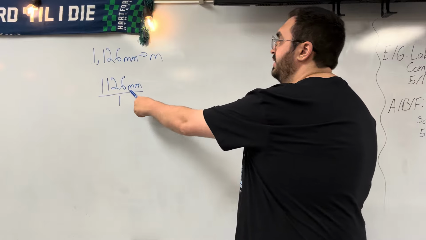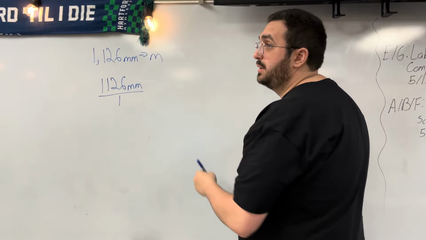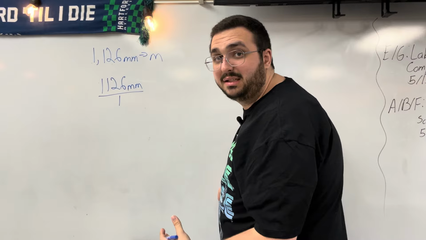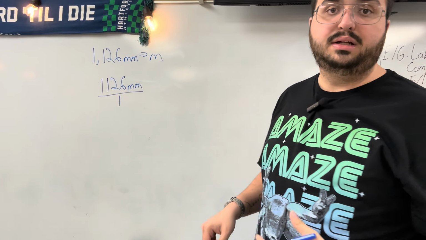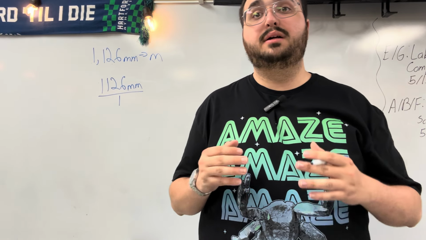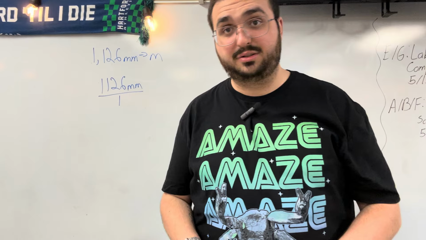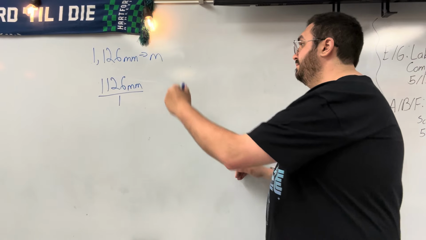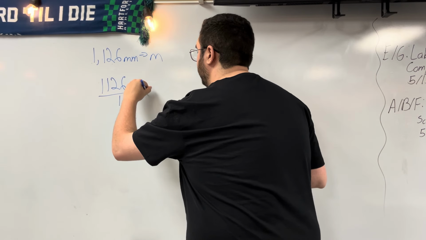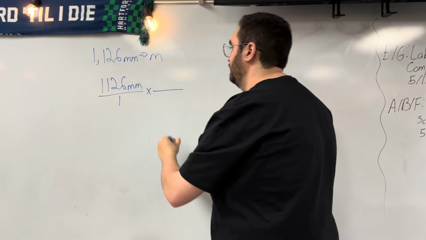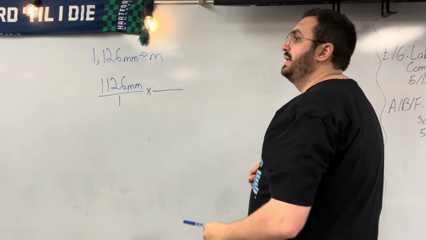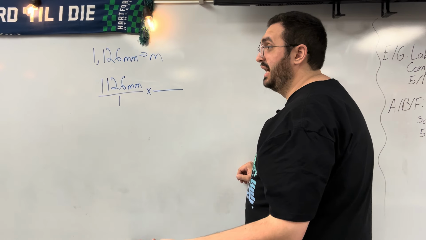I'm going to check what unit I'm in right now. I'm in millimeters. I want to be in meters, so I know I'm not done yet. In order to do that conversion, I am going to convert it using a conversion factor. So the way that looks is like this. The unit that I want to get rid of goes on the opposite side of the fraction.